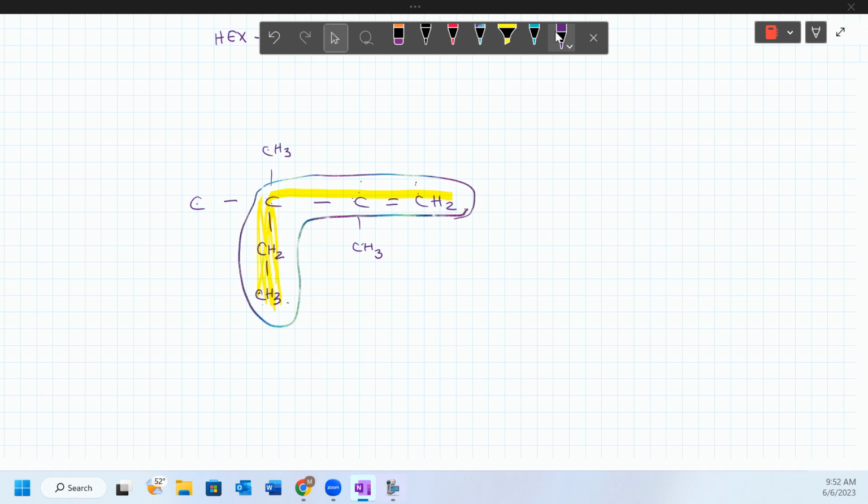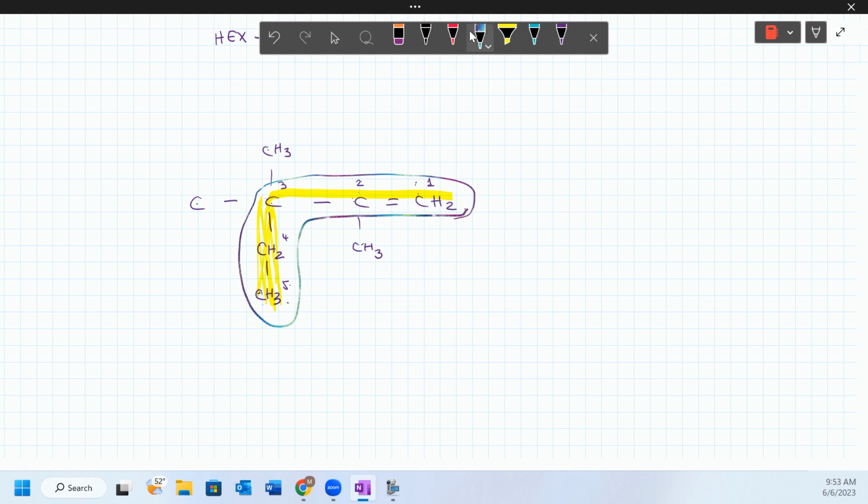So now let's see the numbering of the carbons. We said that the rule is that we number the carbons so that the double or triple bond gets the first number. So 1, 2, 3, 4, and 5 is how we should number it.